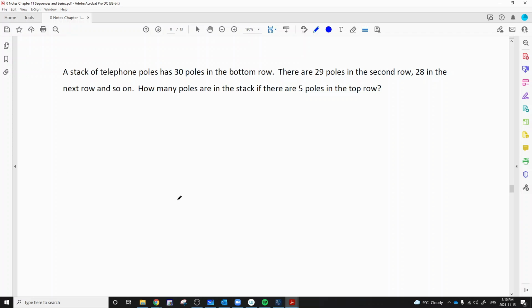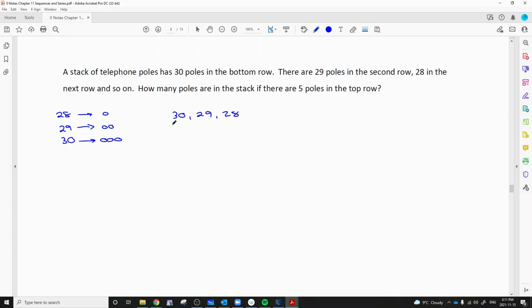This time we have a stack of telephone poles. In the bottom row, there are 30 poles. In the second row, there are 29 poles. In the next row, there are 28 poles. What's happening? We have 30 poles, then 29 poles, and then 28 poles.